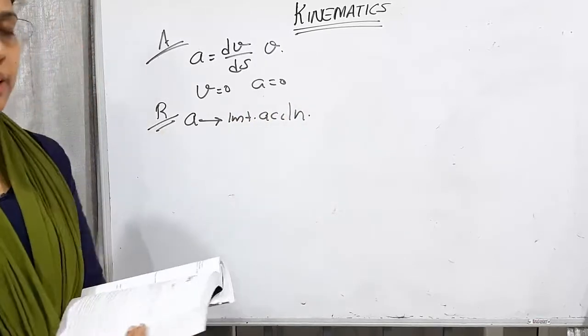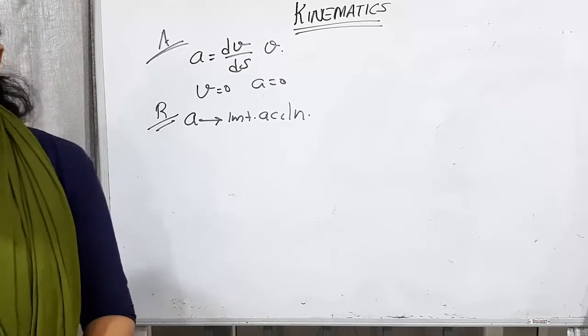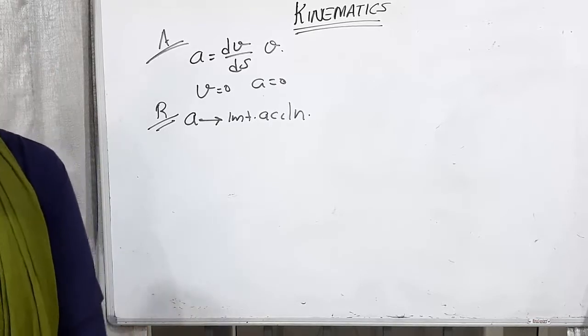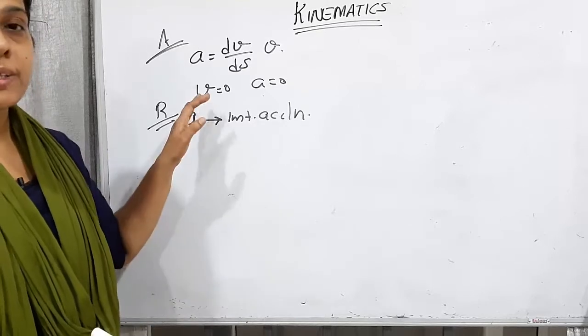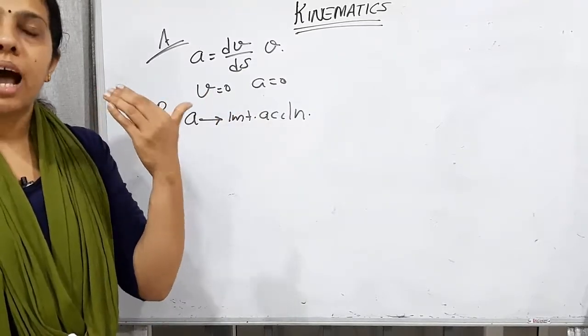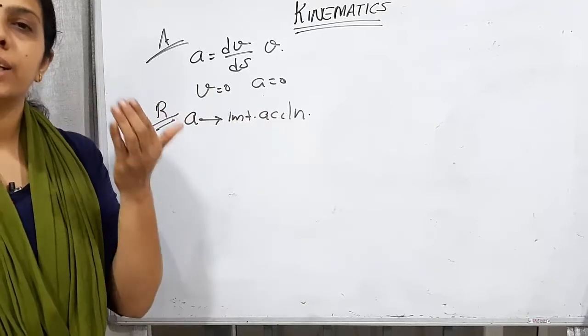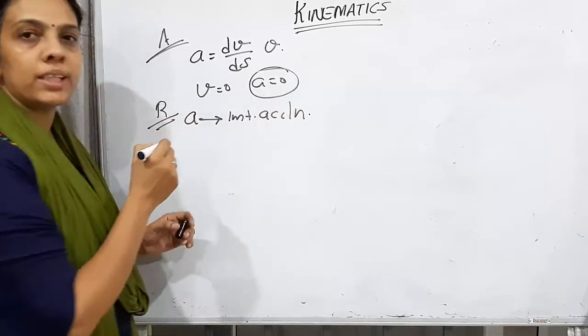Okay, so here first we need to find out if the velocity of a particle is 0, then will the acceleration also be equal to 0? If the velocity of the particle is 0, the particle is not having any velocity. Is acceleration present over there?